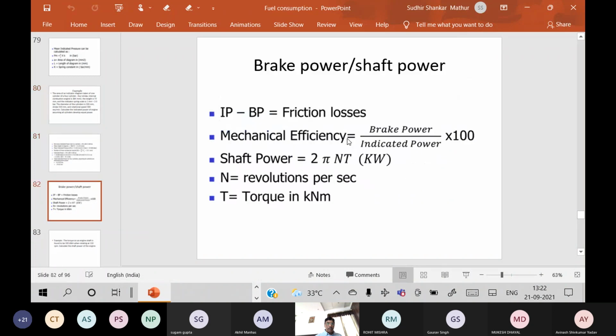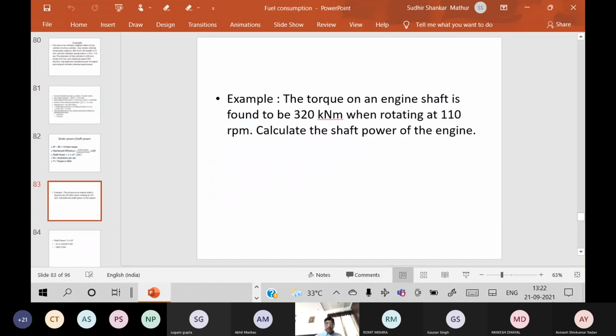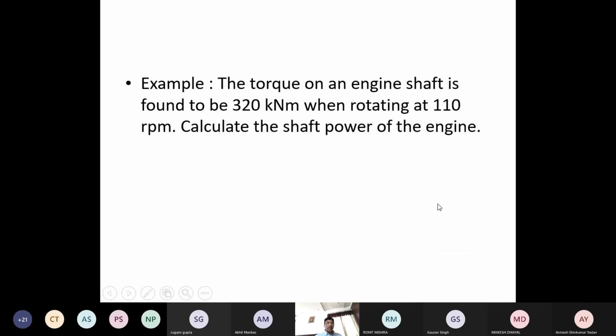So we did one numerical yesterday. Now let us do this simple one and then we'll go further. The torque on the engine shaft is found to be 320 kilonewton meter when rotating at 100 RPM.